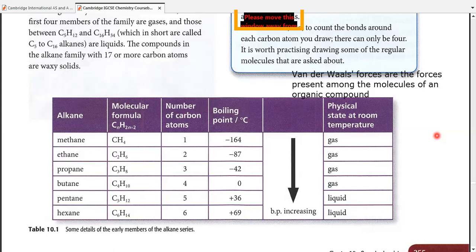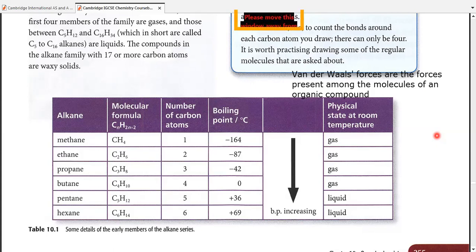Now, in this table, you would see a huge arrow facing downwards with the words boiling point increasing. Here you need to write a couple more things. With boiling point increasing, the melting point also increases. So you should write MP increasing and density increasing.